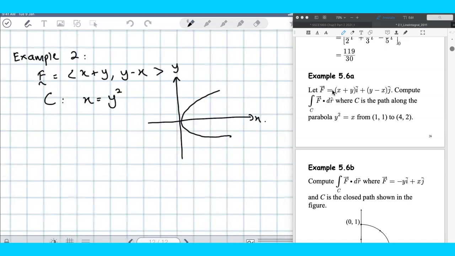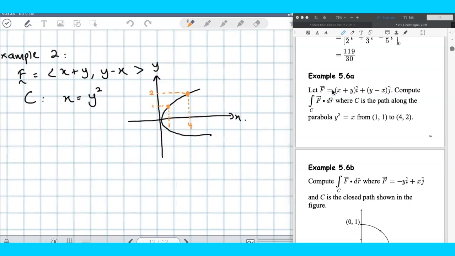So let's say the point 1, 1 is here, when x equal to 1, y is 1. So when y is 2, x is 4. So that is the only curve that we are interested in.